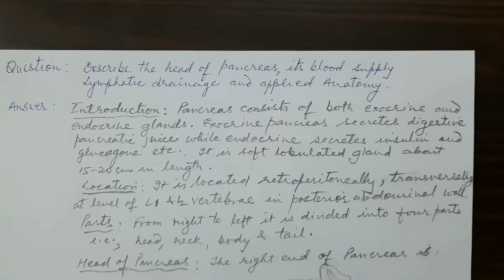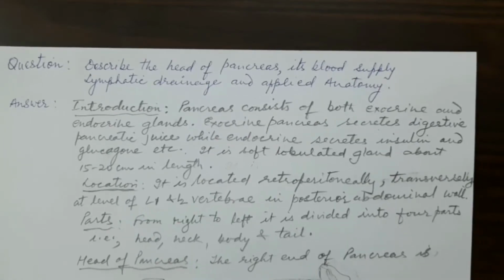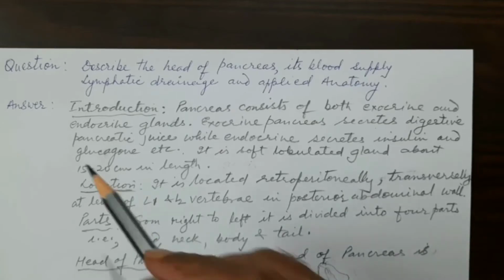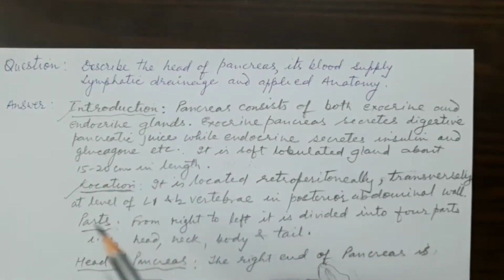Now this pancreas is a very soft gland, which shows lobulations, and this gland is transversely placed near the posterior wall of the abdomen, and it is about 15 to 20 centimeter in length. So note down, it is 15 to 20 centimeter in length. After the introduction, see the location of this gland.